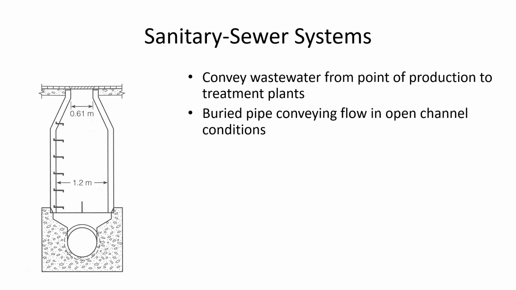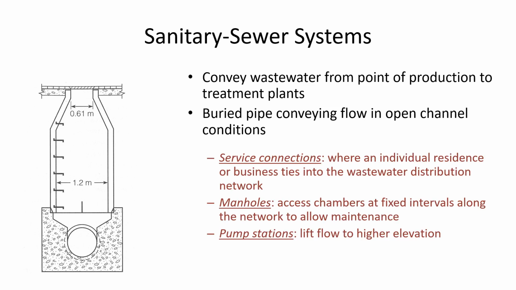So sanitary sewer systems are buried and fully enclosed, but they're vented to the atmosphere because of the manhole covers, because of the openings on either end. They're not under pressure. So we don't use the Darcy-Weisbach equation for sewer pipes. We don't use the Hazen-Williams equation. We use Manning's equation to describe the flow through sewer pipes.